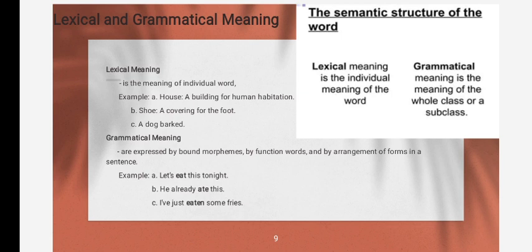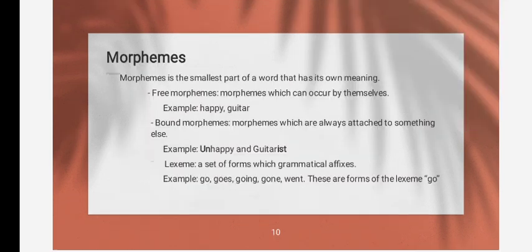Example: A. Let's eat this tonight. B. He already ate this. C. I've just eaten some fries. The semantic structure of a word: lexical meaning is the individual meaning of the word, and grammatical meaning is the meaning of the whole class or a subclass.